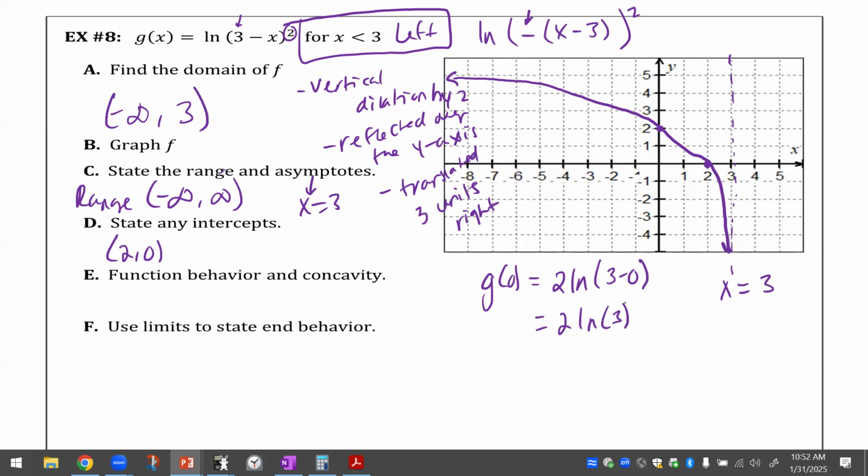So 2 times the natural log of 3. That's what this value is. It's not quite at 2. It's at 2 natural log of 3. So your y-intercept is at (0, 2 natural log of 3). That's the exact value. Now you can type it in and find the approximate. You also could just look at the graph or the table and see the approximate. But that's where it's at.